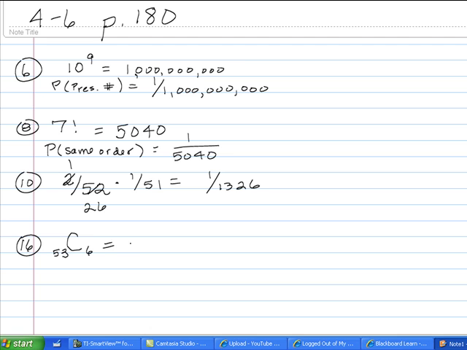I'm getting 22,957,480. So the probability of winning would be 1 over that. There's only one way to win. So not very likely that you'll win in that case.